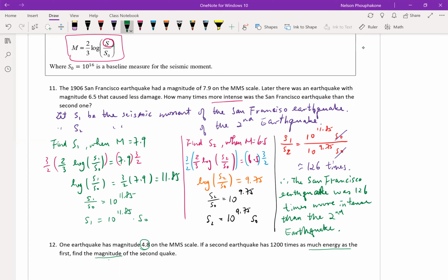Then I use the S value of the magnitude of 4.8 multiplied by 1,200 times, right? And then use the new S value to help me find the magnitude. This is actually the idea, okay? Okay, so then let's try this.